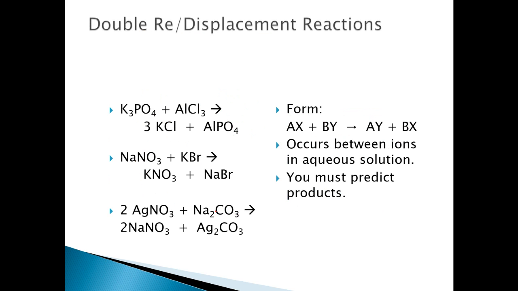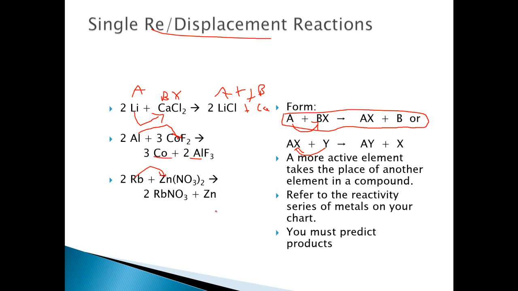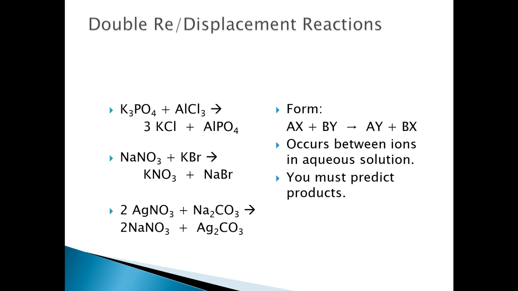Now, for double replacement reactions, you're switching both A and B, or both X and Y. Instead of replacing one element with another, down here we're replacing both elements. They're both swapping places. So when we look here, the aluminum and the potassium are swapping places.